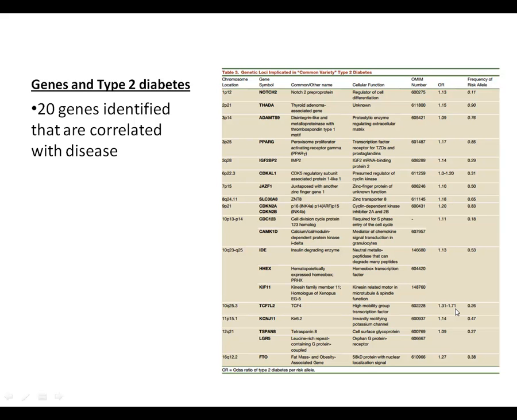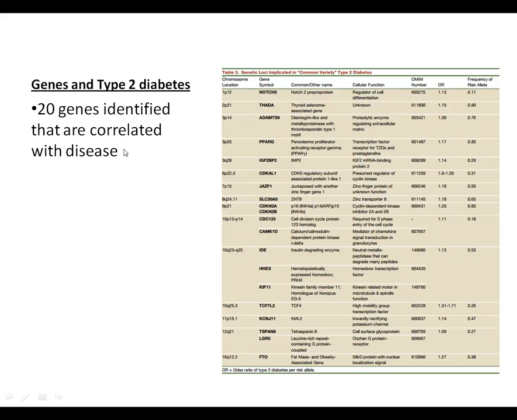So let's start by talking about type 2 diabetes and the genes. In all, there are 20 different genes that have been found where people who have type 2 diabetes are more likely to have a variant of one of these particular genes.